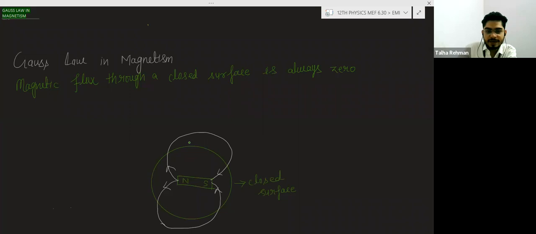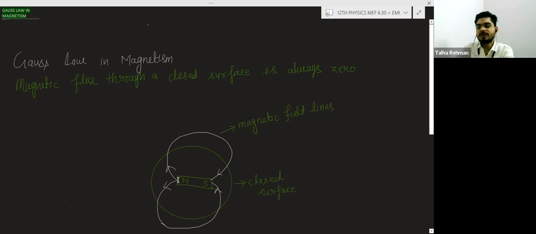So these are the magnetic field lines. This magnet is placed inside the closed surface. From this magnet, magnetic field lines are emerging from the north pole and terminating at the south pole.